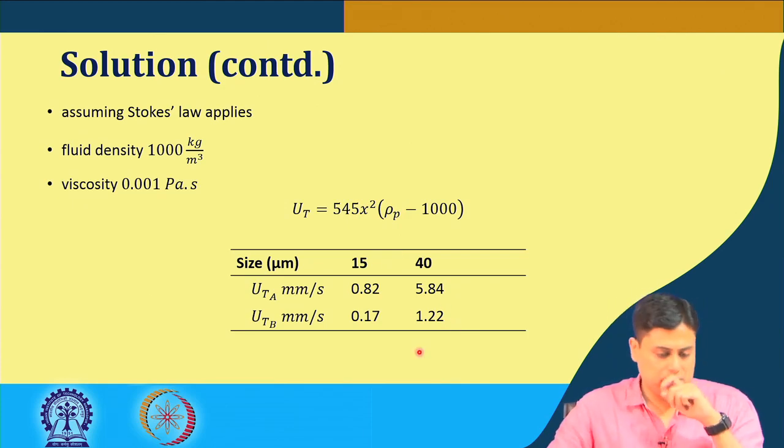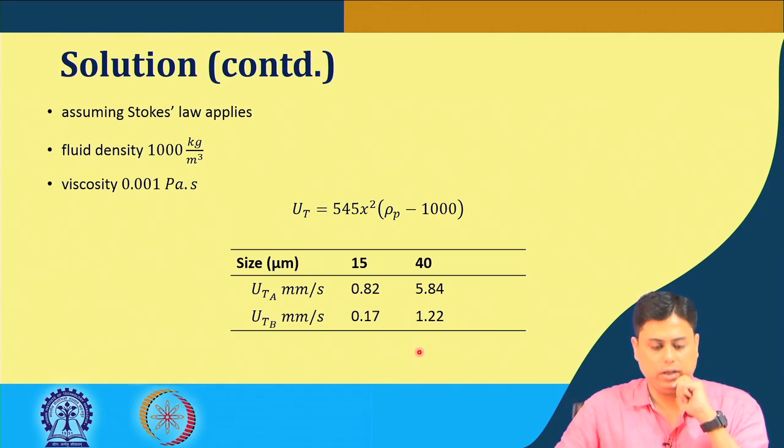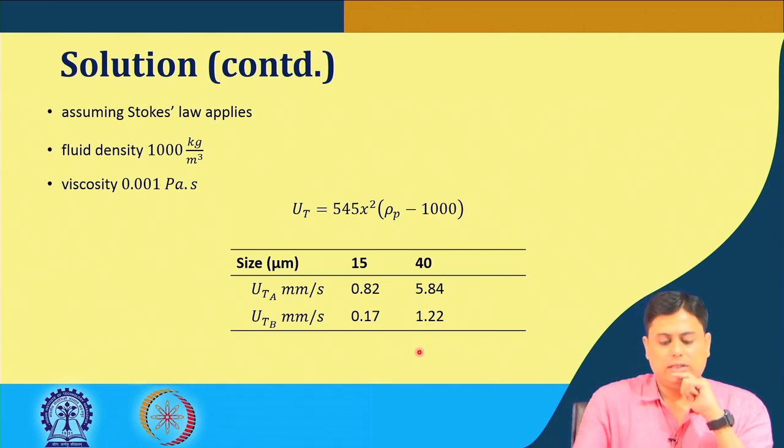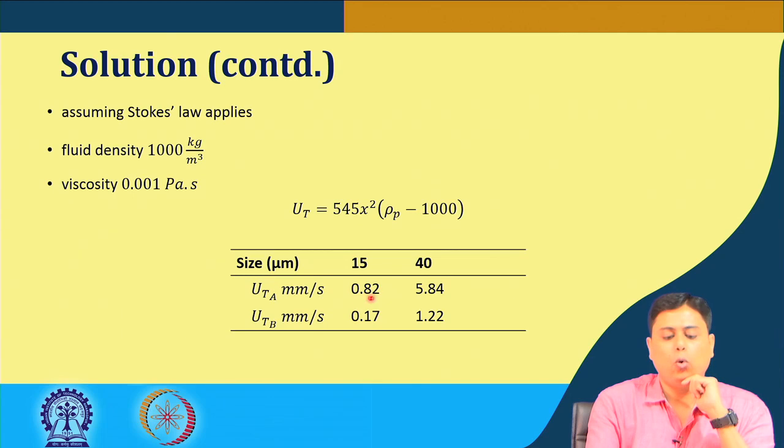Now if you look at this very carefully, you will see that there is an overlap of the terminal values. For material A it ranges from 0.28 to 5.84, and for material B, UTB is 0.17 to 1.24. So there is an overlap of these values.